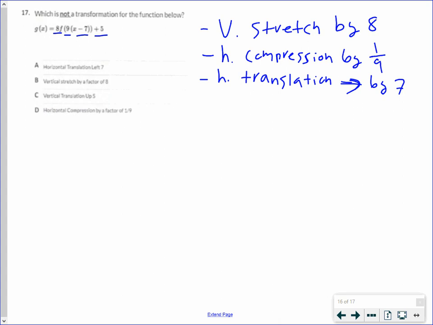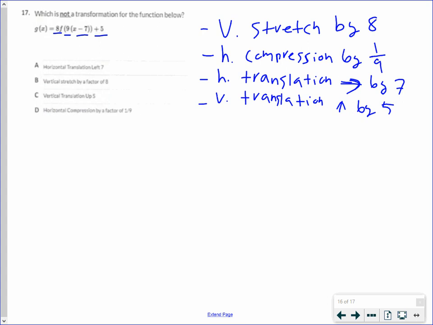And lastly, we have that plus 5 outside. That's going to be a vertical translation up by 5. So let's go ahead and look at our answer choices and see which one is not a transformation.